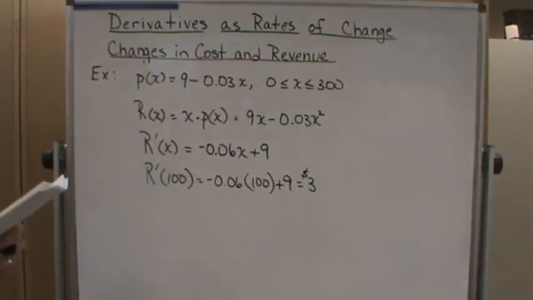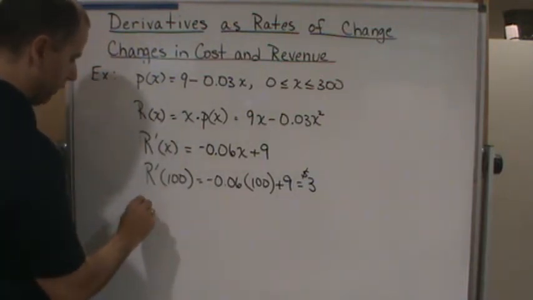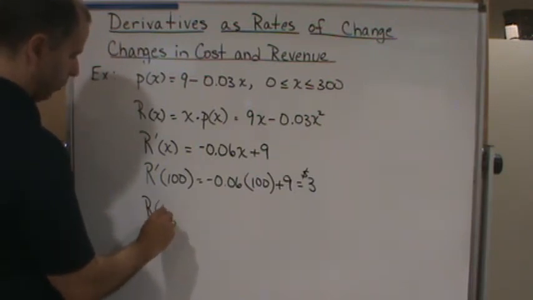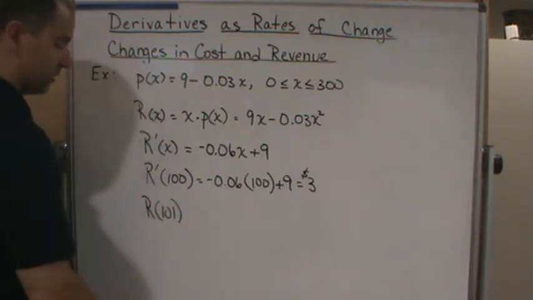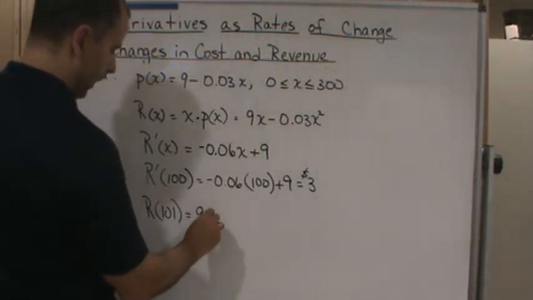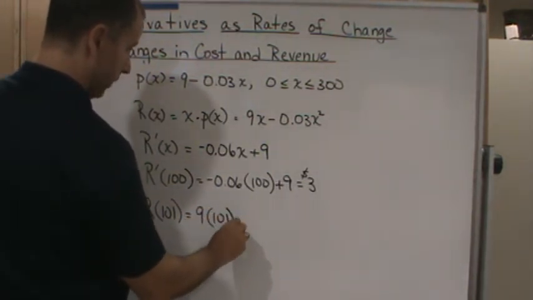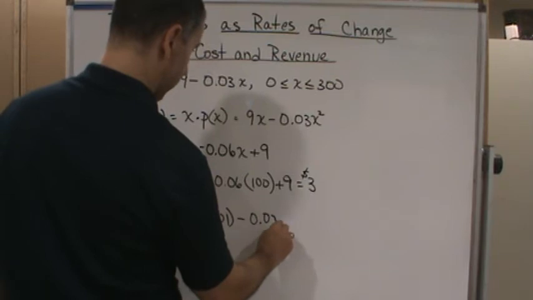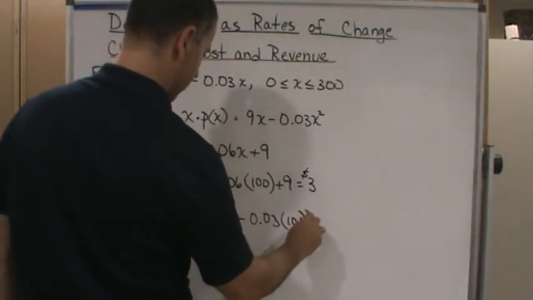Okay, so that's it. Okay, now, so what is the actual revenue? So now we're going to use the actual revenue function and we're going to find out what the revenue actually is. So the revenue function of the 101st dinner. Right? Now this is where we're going to use 101. So R of 101 equals 9 times 101 minus 0.03 times 101 squared.